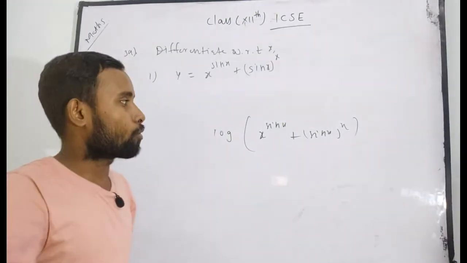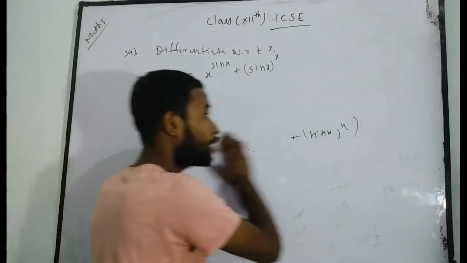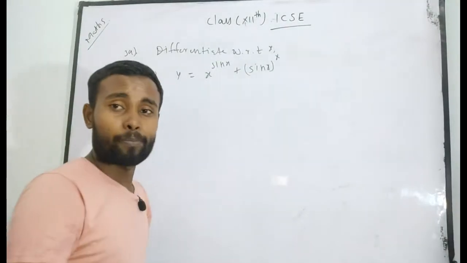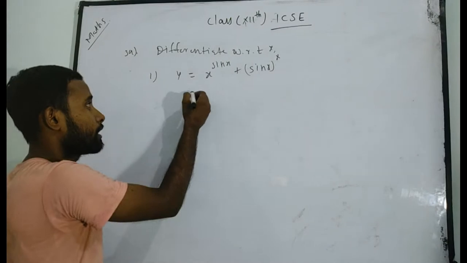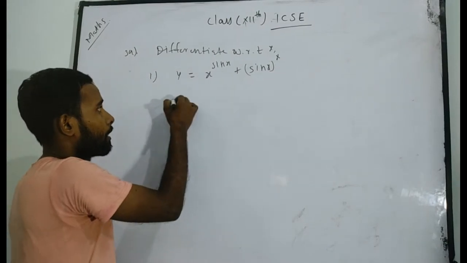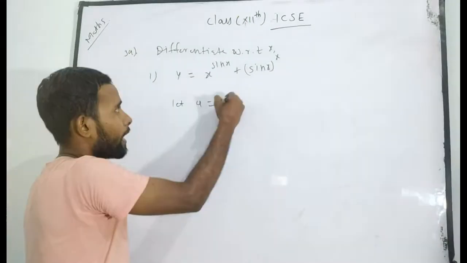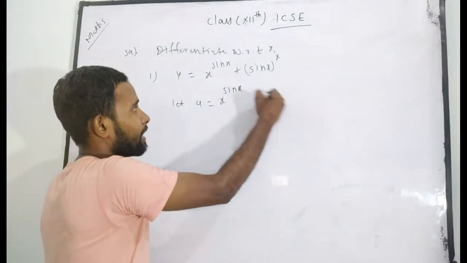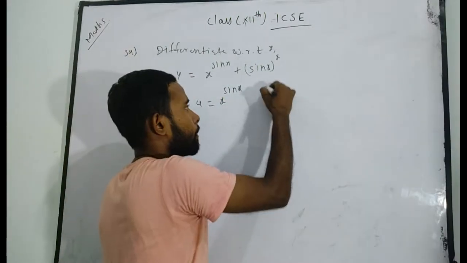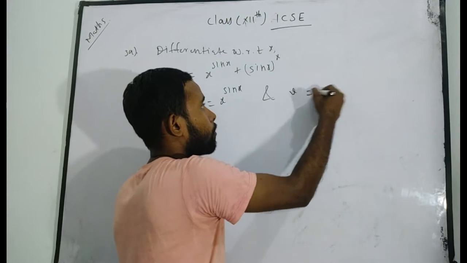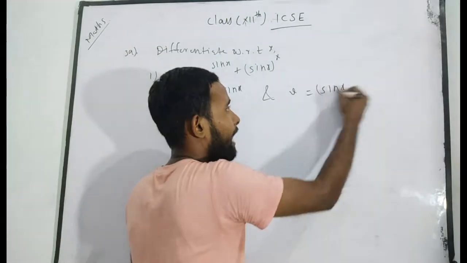Now again I will tell you, in that case how can you proceed to solve this problem? In that case you have to suppose: let u is equal to x to the power sin x and v is equal to sin x to the power x.